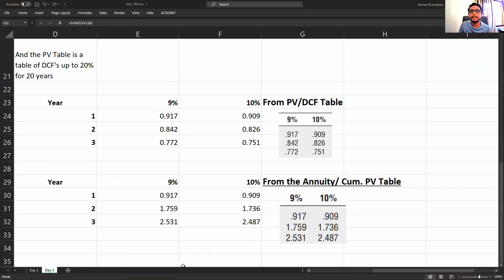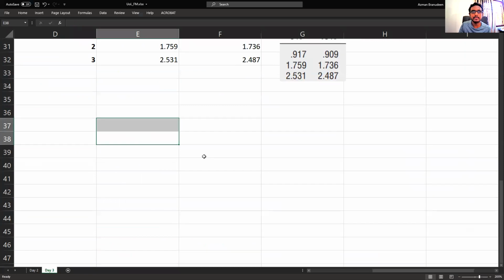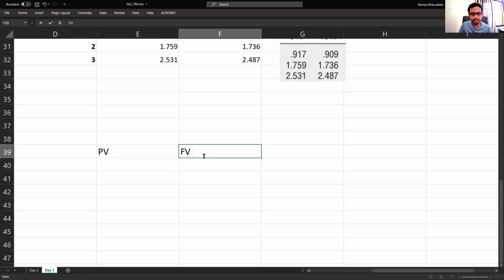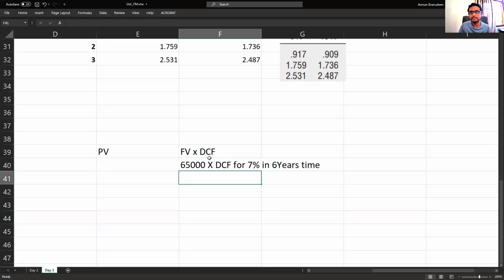So if I also try and do the calculation, we know that present value is equal to future value into discounting factor. So future value is 65,000 into the discounting factor at 7% in 6 years' time.